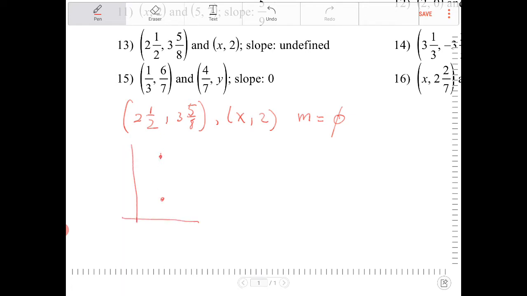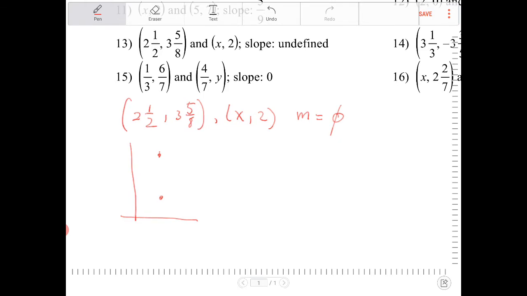Just keep that in mind, right? Two points that are stacked one on top of the other vertically. What will be true about their x coordinates? Will they be the same or will they be different? If you're thinking they will be the same, you're absolutely right. x is equal to 2 and 1/2. That's all it is.